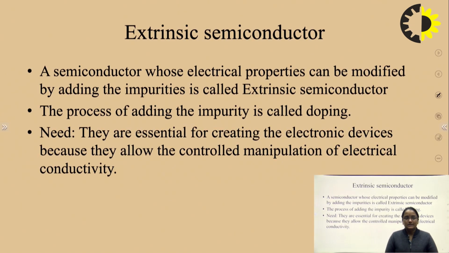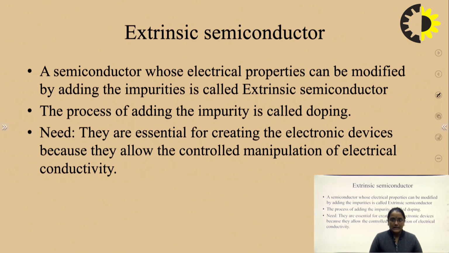Now, what are the extrinsic semiconductors? Semiconductors whose electrical properties can be modified or altered by adding impurities are called extrinsic semiconductors. The process of adding the impurity is called doping.